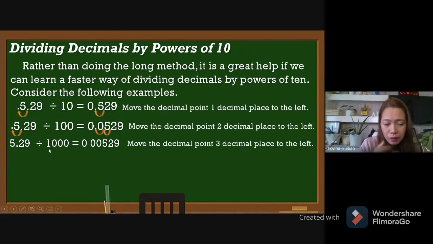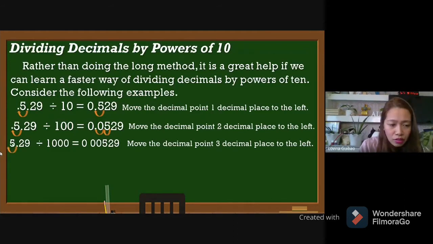Okay? How about this one? The divisor is 1,000. 5.29 divided by 1,000. Move the decimal point 3 decimal places to the left. Bakit 3? Kasi ang zero ng 1,000 is 3. So, ang movement, pakaliwa, 3 rin ang i-move mo. 3 places din ang galaw ng decimal point.